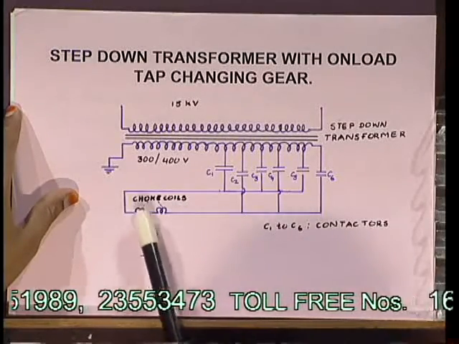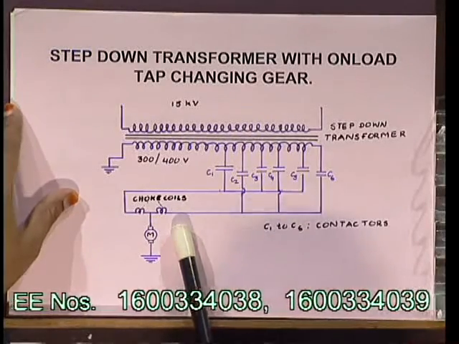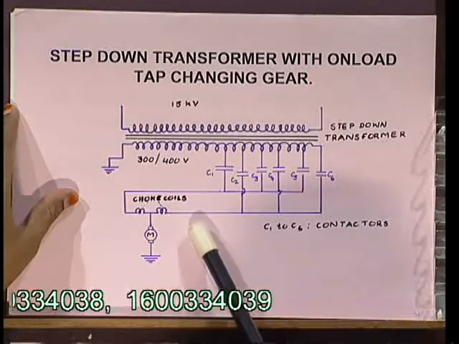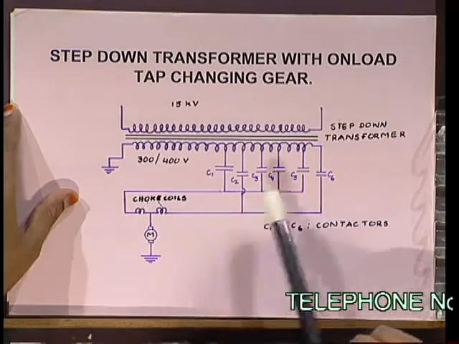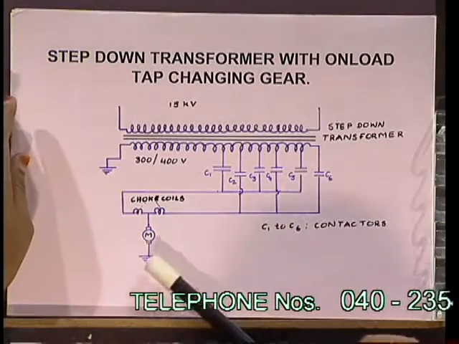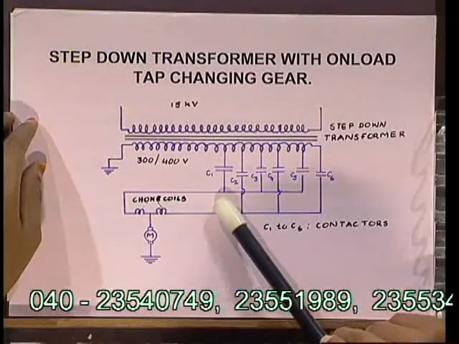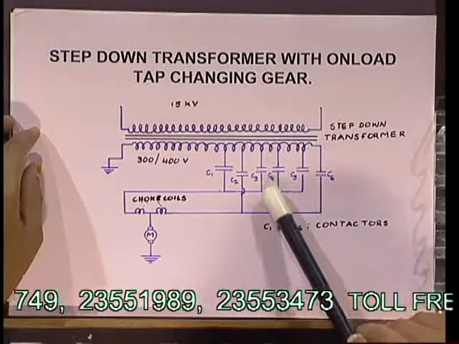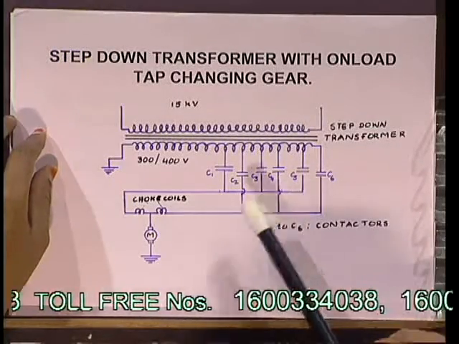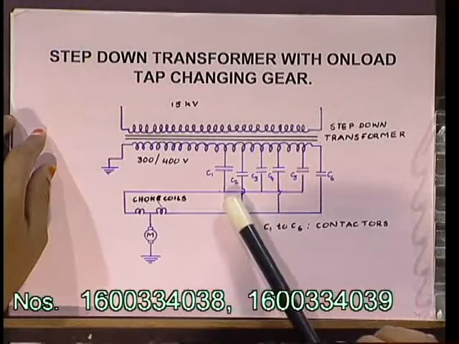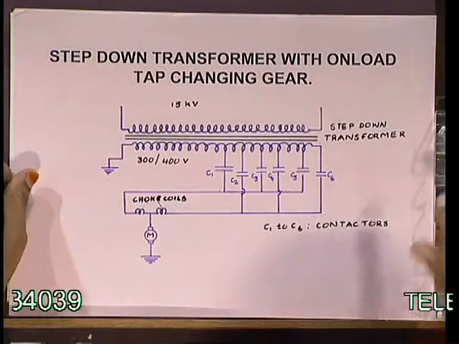We see that the circulating current flows in opposite directions through the choke coils, and hence the reactance losses are minimized. In order to increase the voltage given to the motor, contactor C1 is opened and contactor C3 is closed. This results in the mean of the voltages of the C2 and C3 tappings being given to the motor.